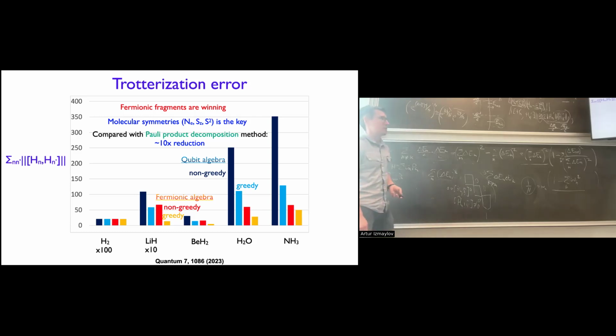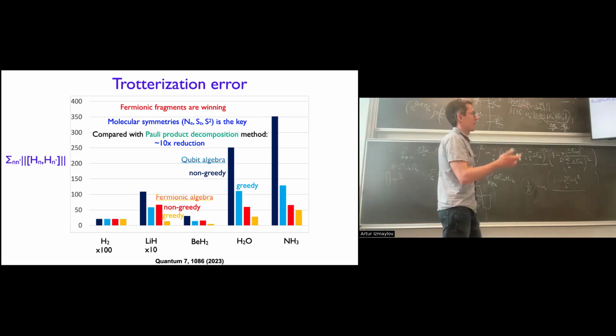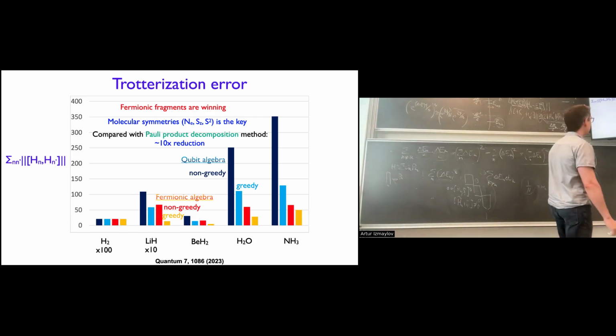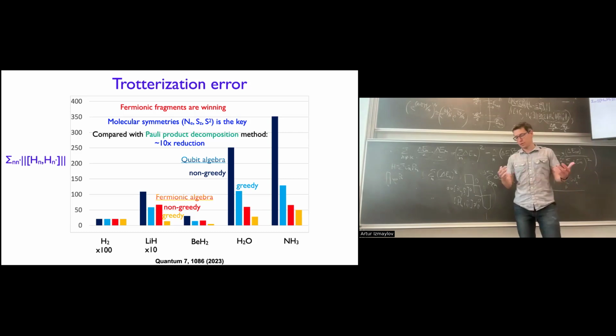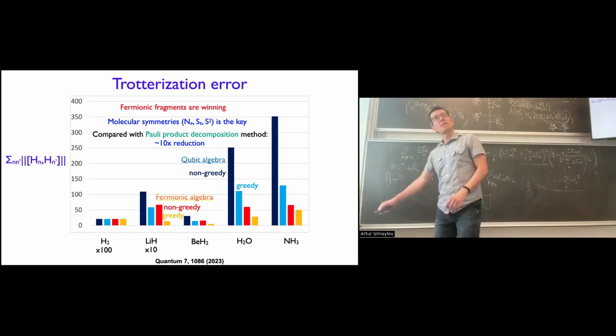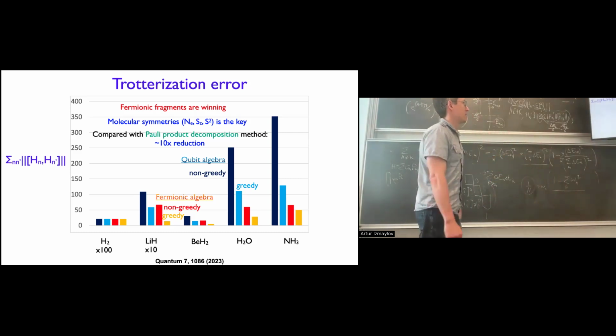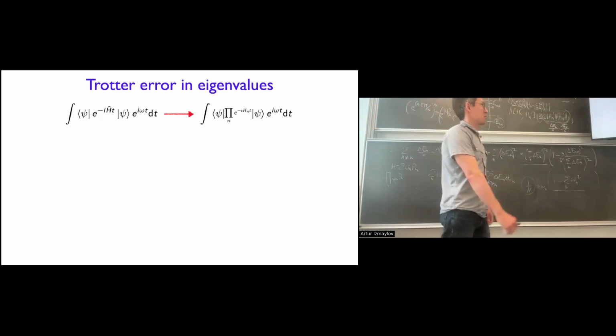Usually that raises the Trotter error 10 times, as we've seen for this type of problems. Okay, so it's good to group again, at least based on this criterion. But that's not the end of the story.